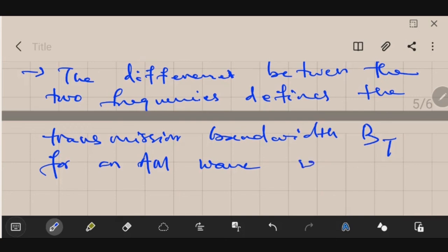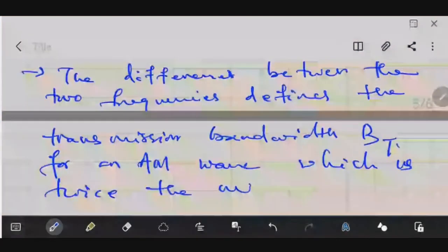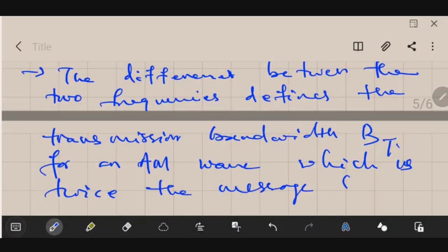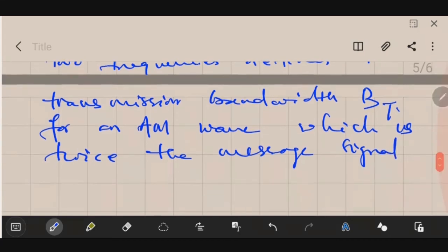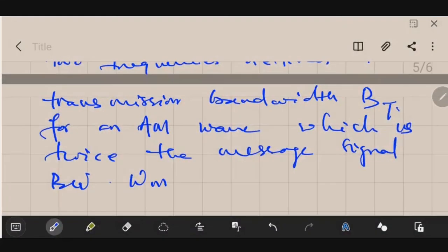Okay, so which is actually twice the message signal bandwidth, which is your omega m.